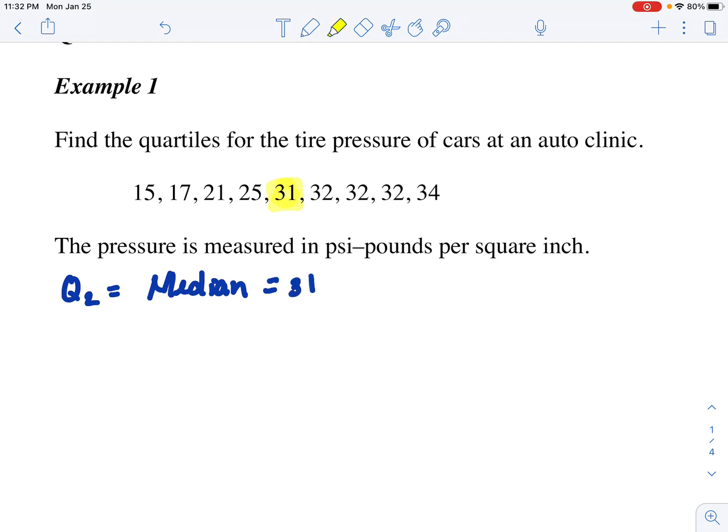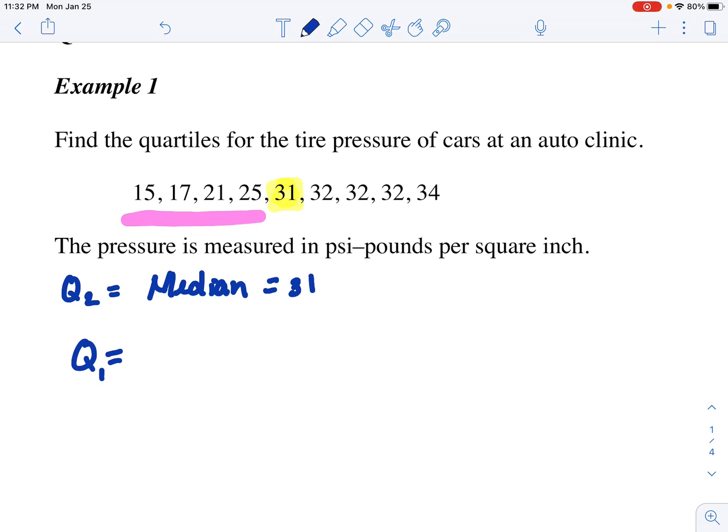Now, our first quartile, Q subscript 1, is going to be the median of this lower half.